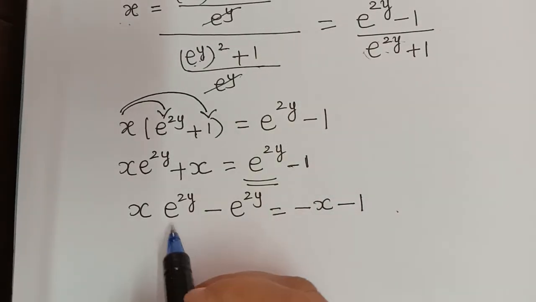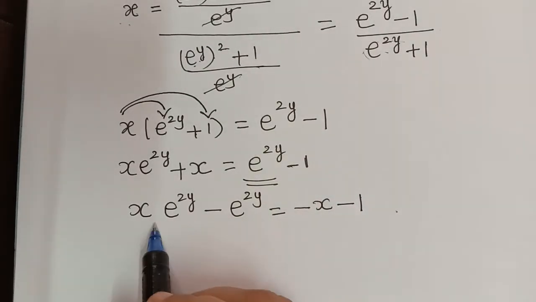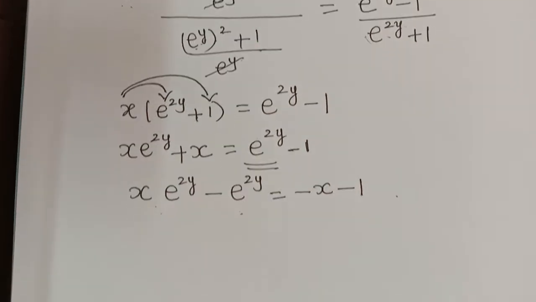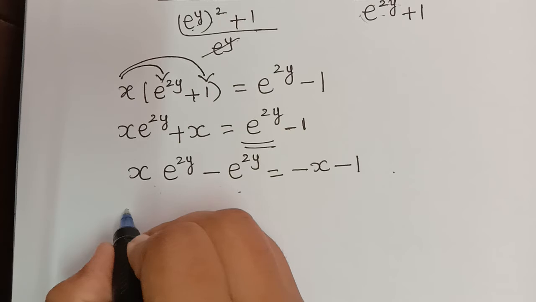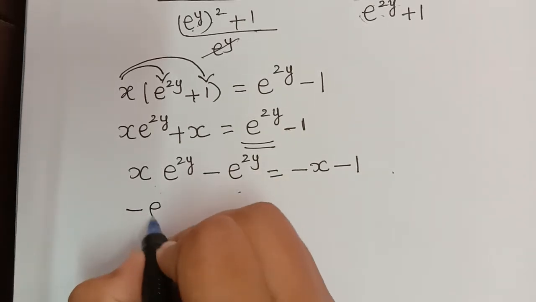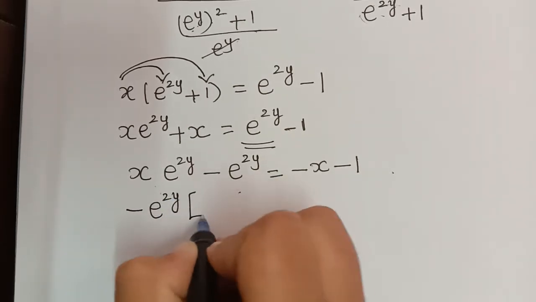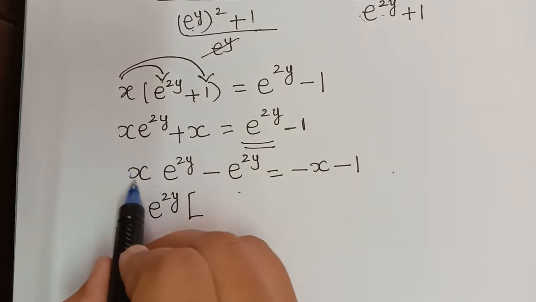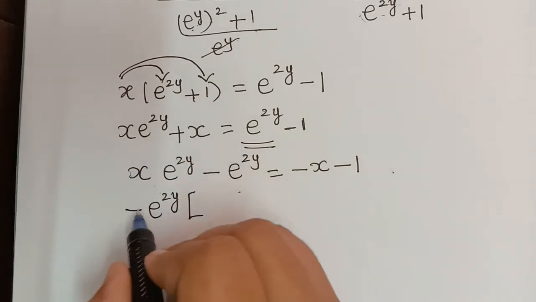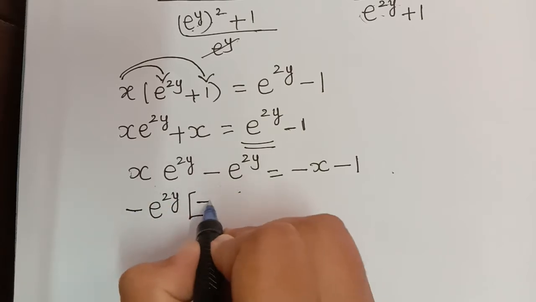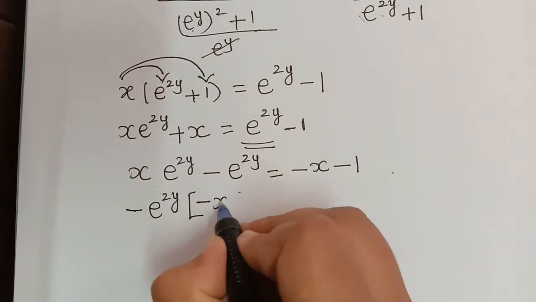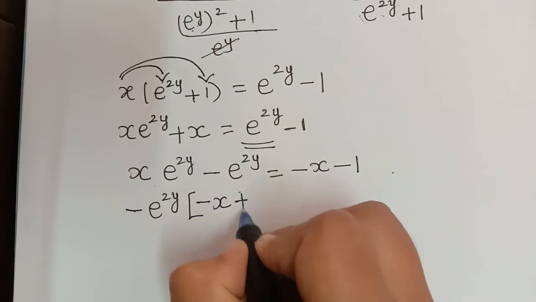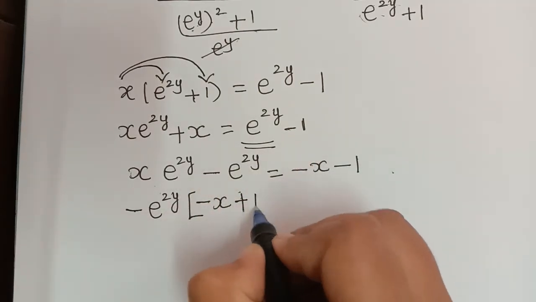Now if you see here, the term common over here is e power 2y. So what we are going to do is take negative e power 2y common. So negative e power 2y will get multiplied with, here we have a positive sign, so when we take negative common, this has to become negative x, and this negative has been taken out, so here you will have a positive sign, and it will be 1.